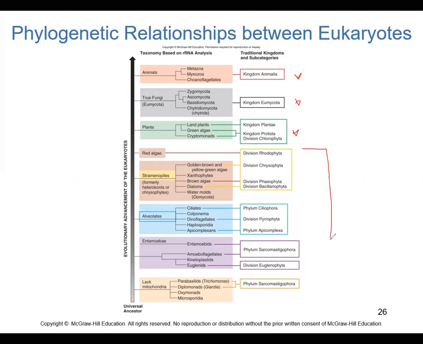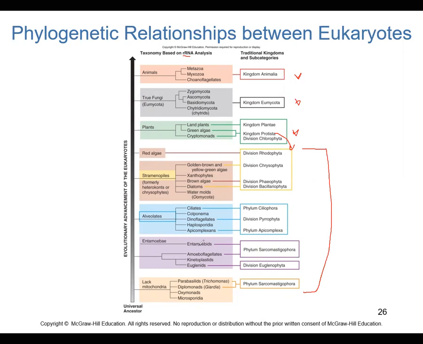But this group right down here, these are all the protists. And actually right here, this one was in the protist also. But doing ribosomal RNA analysis, we said, wait a second, green algae and the cryptomonads are actually more closely related to plants. So they're getting changed and put into this group.